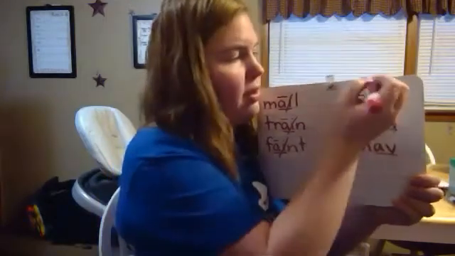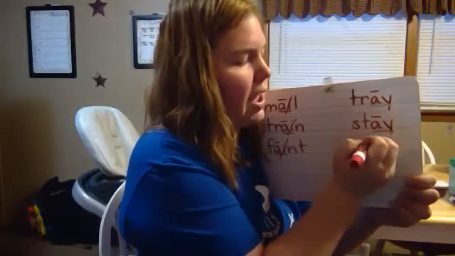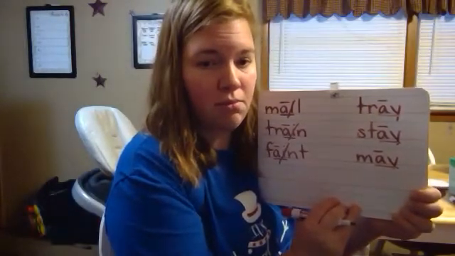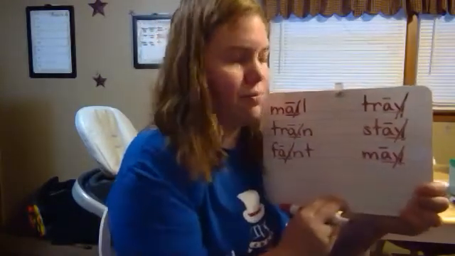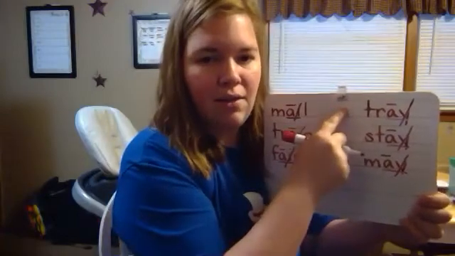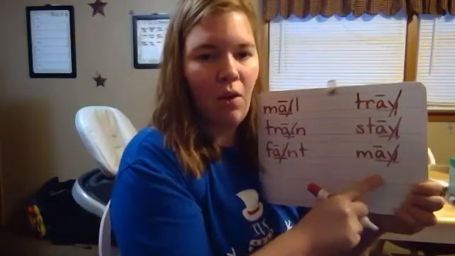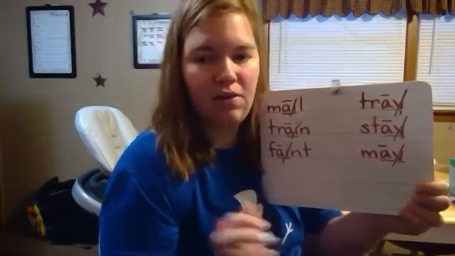The A. The A is saying A, so we will put a macron above the A. Is the Y making a sound? No, we will cross it out. Tray, stay, may. So underline the digraph, macron above the A, cross out the silent Y.